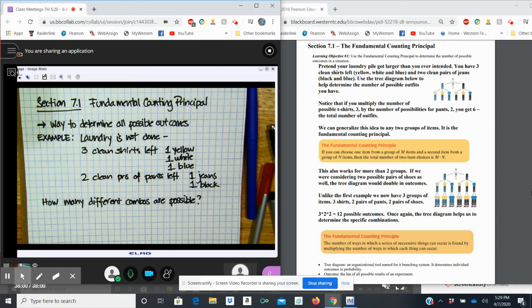So how many different unique, non-repetitive outfits could you create? What do you think? It would be 6. And how are we getting 6?